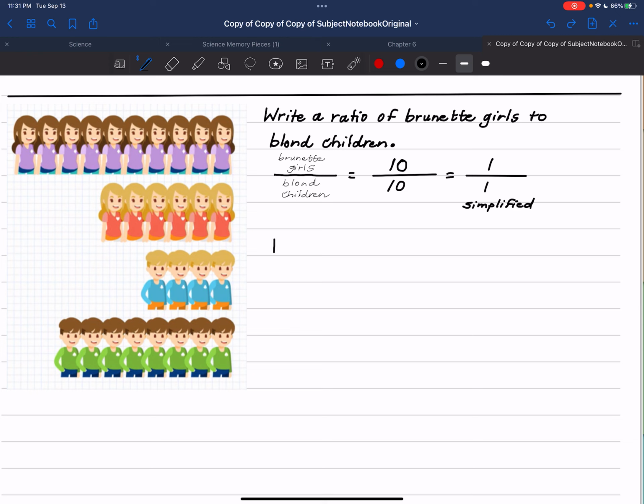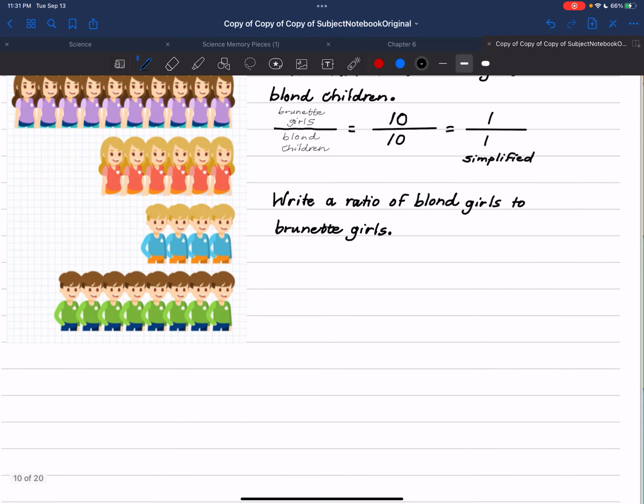Okay, let's try a couple more. Let's write a ratio of blonde girls to brunette girls. Okay, so then I'm going to set up this same type of frame.